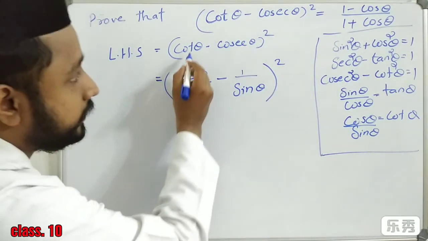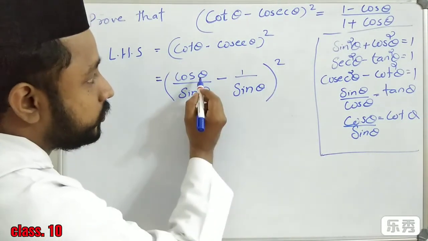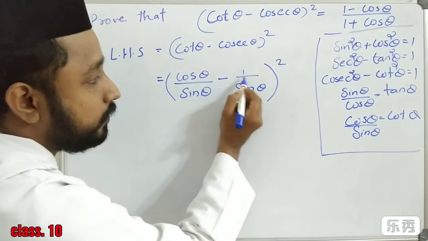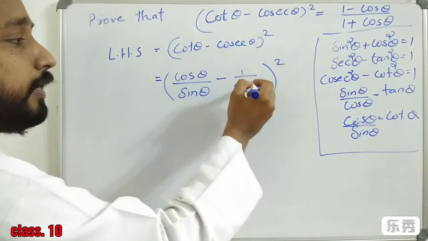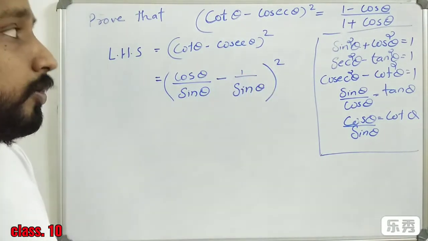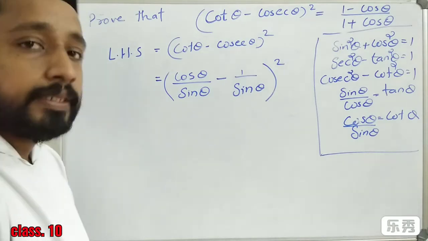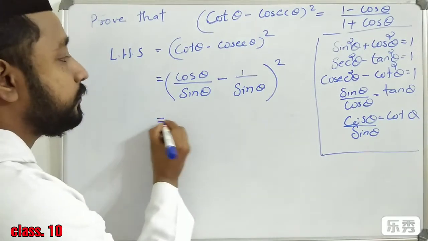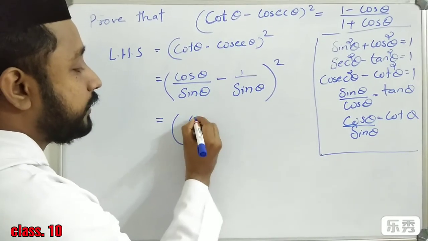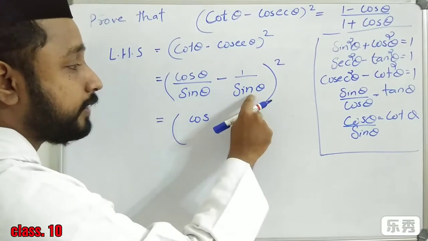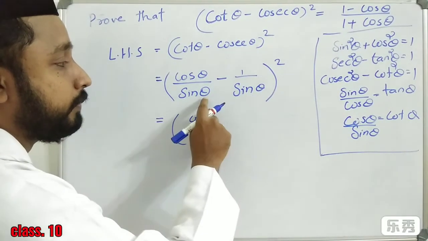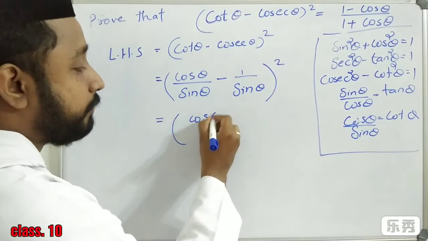So we change this cot theta into cos theta by sin theta minus 1 by sin theta. Cosec theta is the reciprocal of sin, so cosec theta is equal to 1 by sin theta, all square, which is equal to cos theta minus 1 by sin theta. Here both are fractions, denominators are the same, so subtract the numerators.